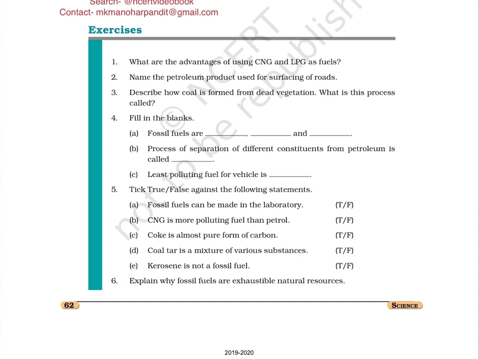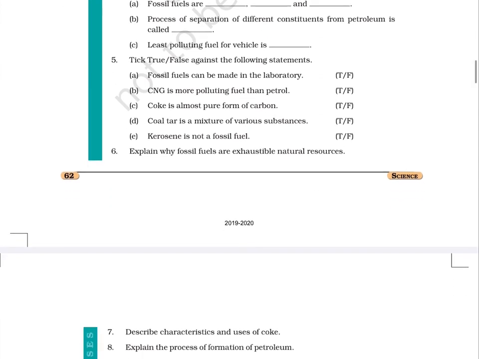True or false? D. Coal tar is a mixture of various substances. True or false? E. Kerosene is not a fossil fuel. True or false? Sixth, explain why fossil fuels are exhaustible natural resources.